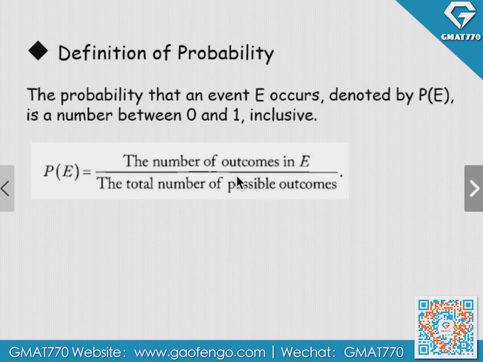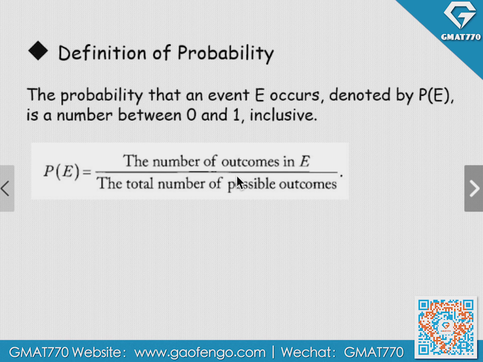Okay, so let's move on to probability. What is probability? Well, the probability that event E occurs, denoted by P(E), is a number between 0 and 1 inclusive. And to compute the probability of E, you use the number of outcomes in E divided by the total number of all possible outcomes.